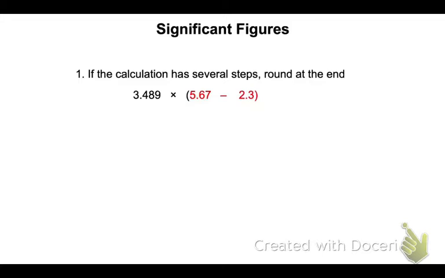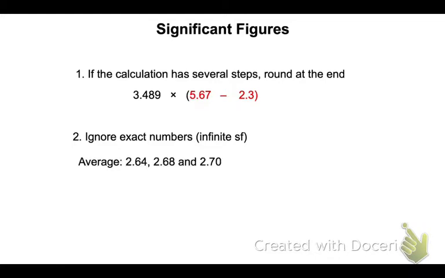So you need to perform the subtraction and follow the rules of the subtraction. Then multiply by 3.489 and follow the rules of multiplication. Okay, so let's look at this for a second here. Let's go and perform this math together.